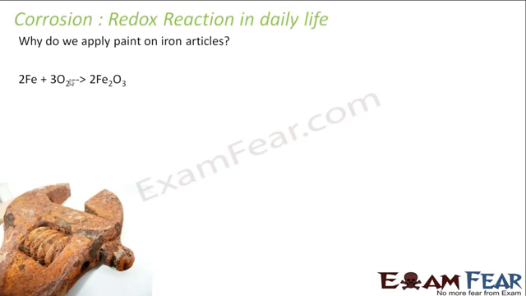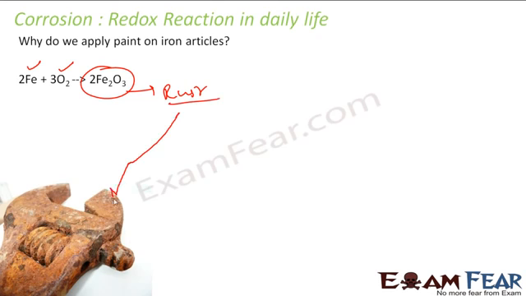The iron reacts with oxygen to give Fe2O3, which is nothing but rust, which you see here. To avoid this, we paint it. If you paint it, the iron won't come into contact with oxygen, Fe2O3 won't be created, and then the rusting won't happen.